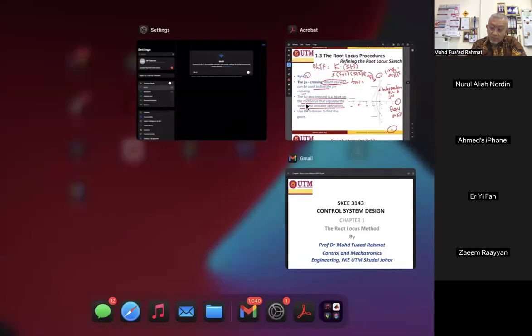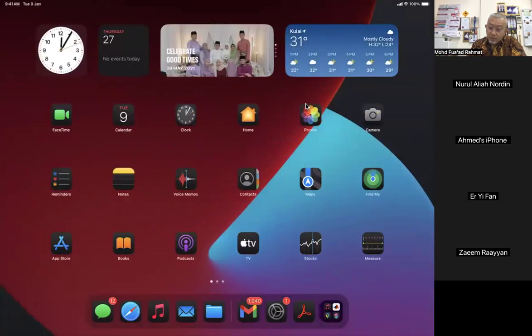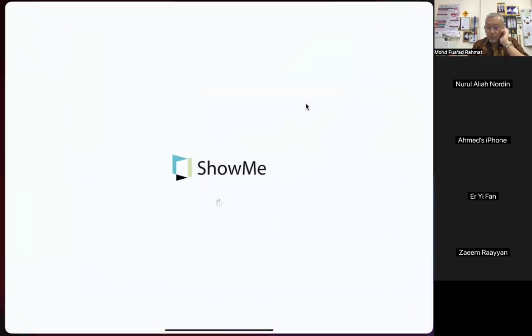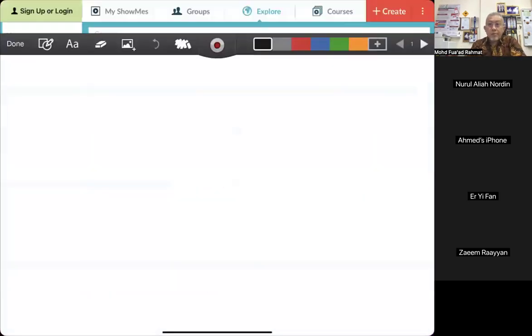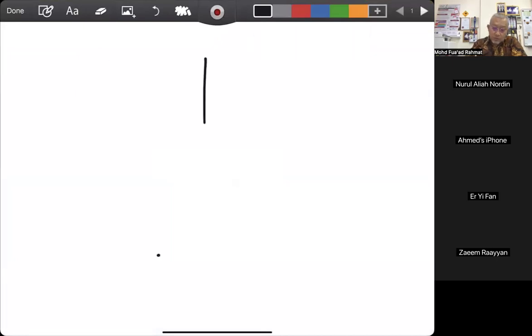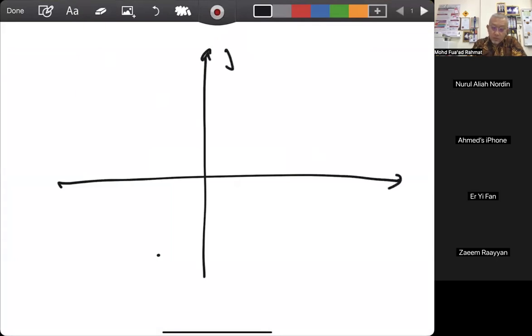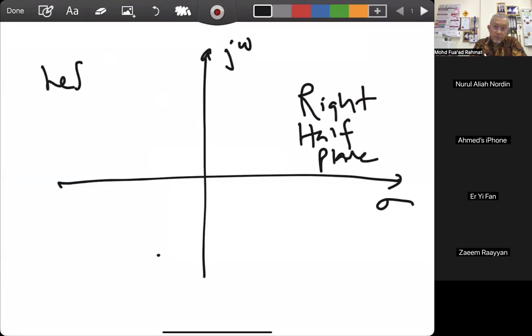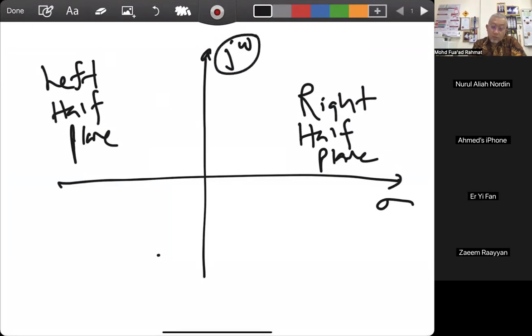As I told you previously, in the root locus plot, this one is the right half plane, this one is the left half plane, and this part is the imaginary axis.